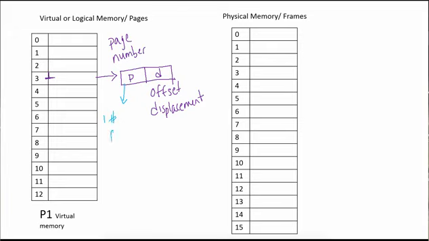In this case, there's 12 pages, so you would need 4 bits for that. And the number of bits used for the displacement, or the offset, is the size of the page. So you could just say our pages are 32 bytes, just to make things simple. Then you would need 5 bits for your 32 byte pages. I'm going to show a little bit more of that in the next slide.